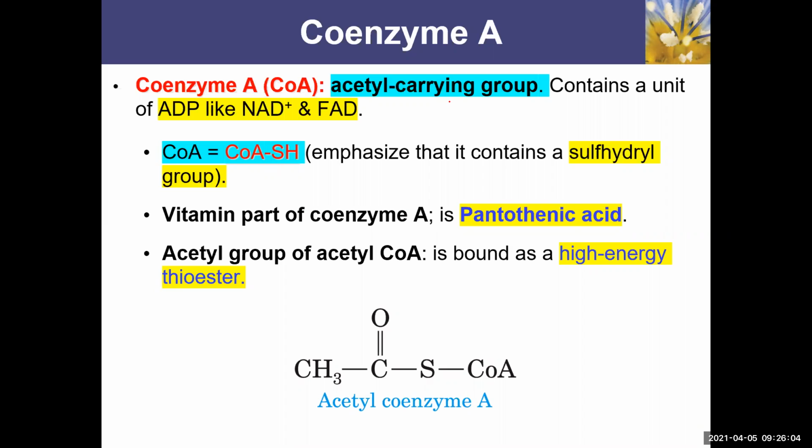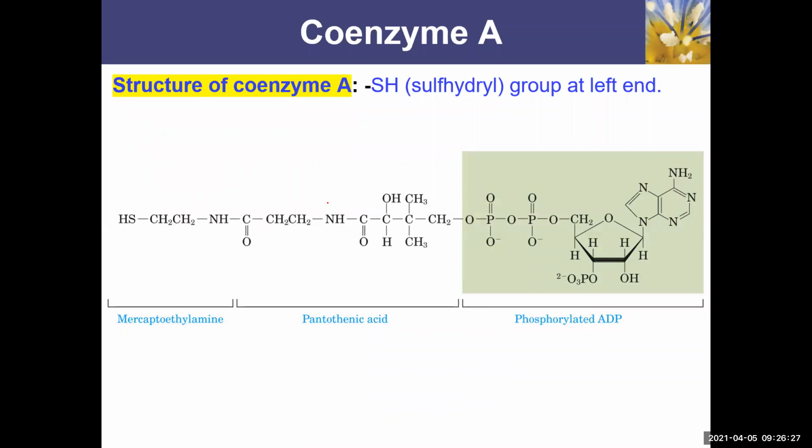So you can expect that they will have a sugar, a phosphate, and a base. This is also no different from the others. But what is the functional group here? The functional group over here is a thiol group or a thioester group. That is what is so special about it, right?